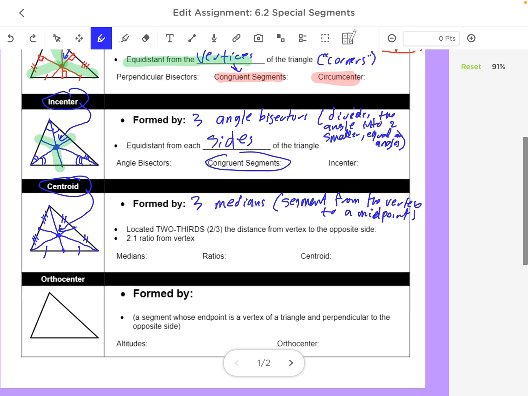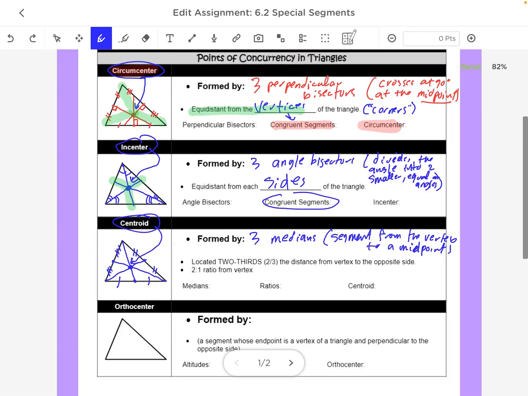Now the thing about this one is that it's located 2/3 of the distance from the vertex to the opposite side. It's what we call a 2-to-1 ratio. What that means is this is 2 to every one of these.